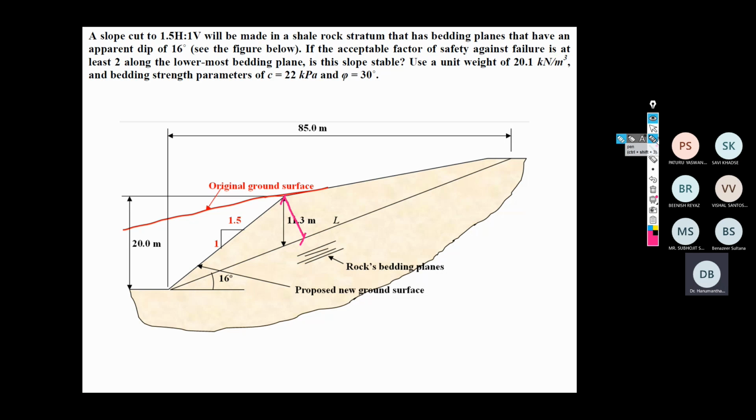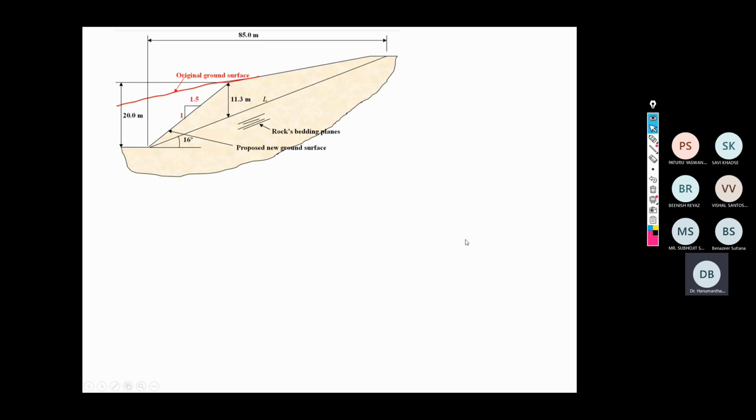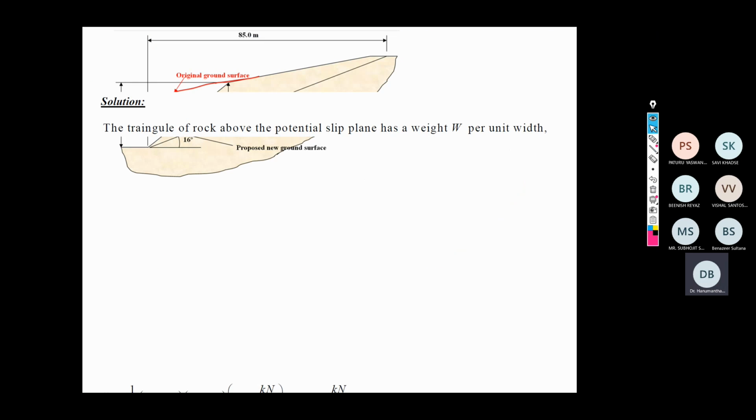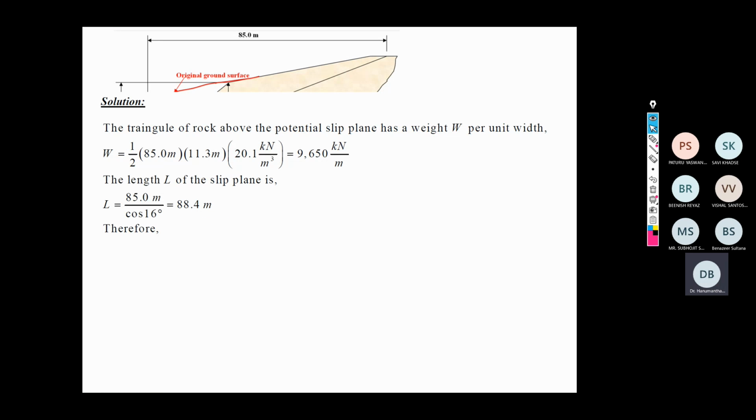Okay, so try to understand the fundamental, how it has been solved. So now approximately I have taken the triangle of base into height multiplied by the density. This is 9650 kilonewton per meter. Then this is the length of the slip plane, that is 88.4.